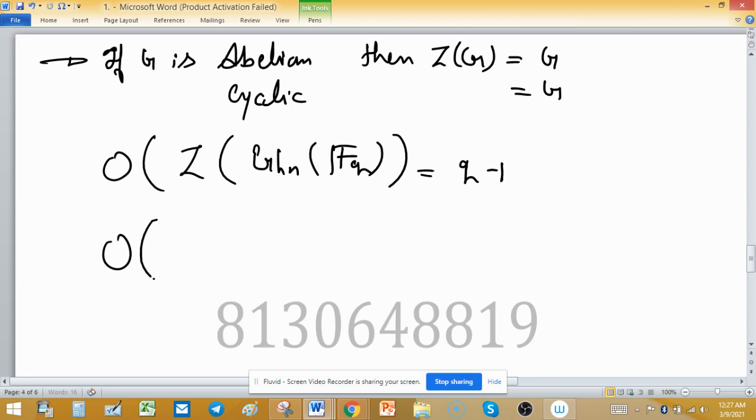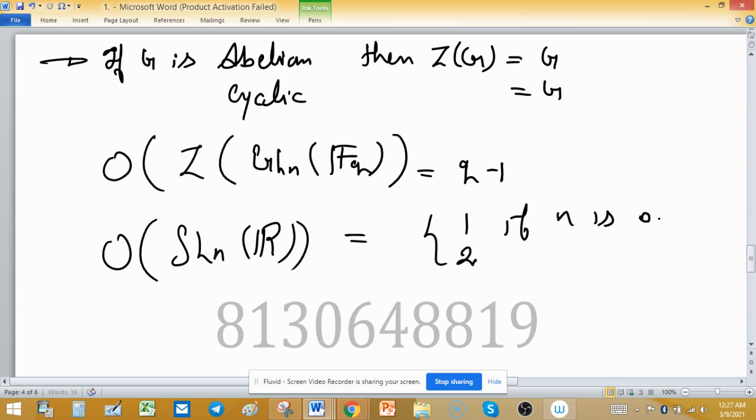And the order of the center of SL_n over R is 1 if n is odd, or 2 if n is even. Over C, the order of this one is equal to n.